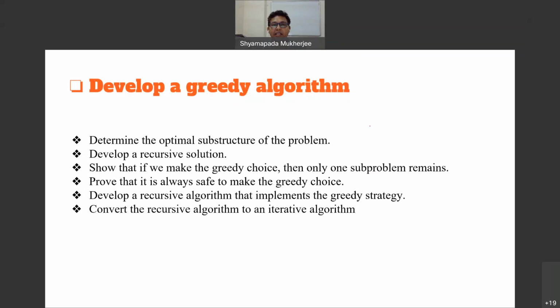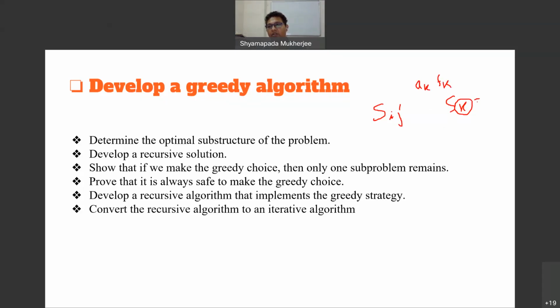It is also similar to the dynamic programming, so we use the same recursive representation, and we need to show that a greedy choice will leave only one subproblem. If we remember the activity selection problem, even though the subproblem we were talking about was Sij, finally we came to one subproblem, that is Sk, where we have one index k. What it means is all the activities after the finish time of Ak, that is Fk.